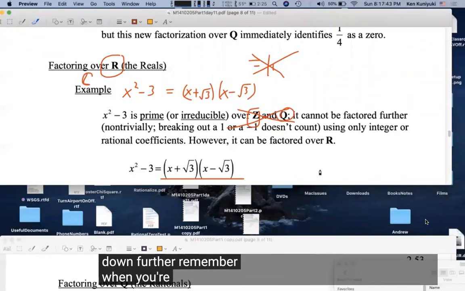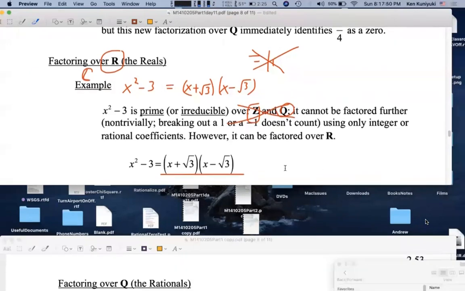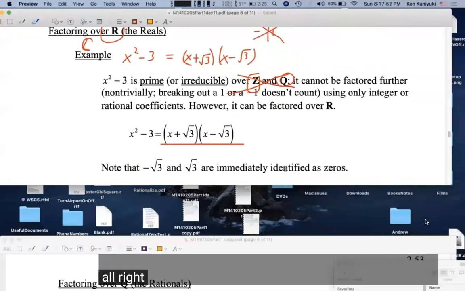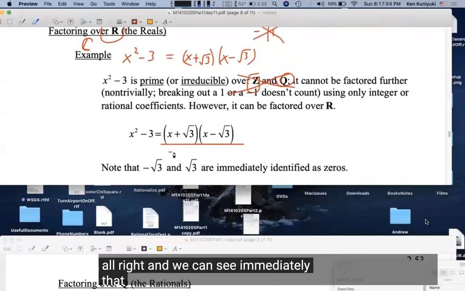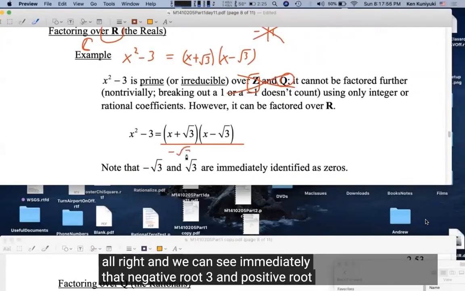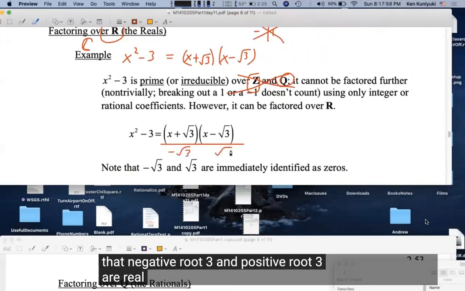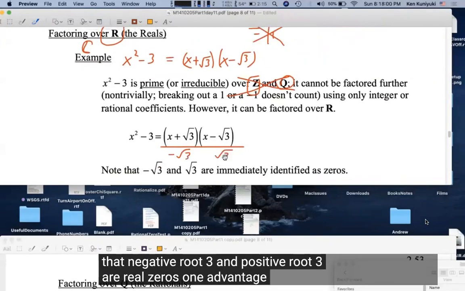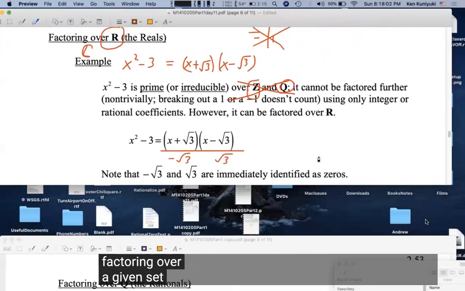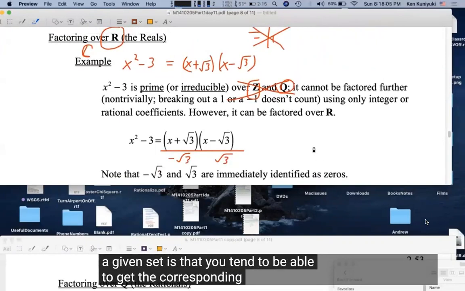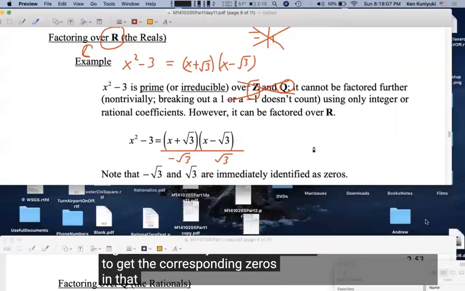Remember, when you're told to factor, you must factor completely over the given set. And we can see immediately that negative root 3 and positive root 3 are real zeros. One advantage to factoring over a given set is that you tend to be able to get the corresponding zeros in that set.